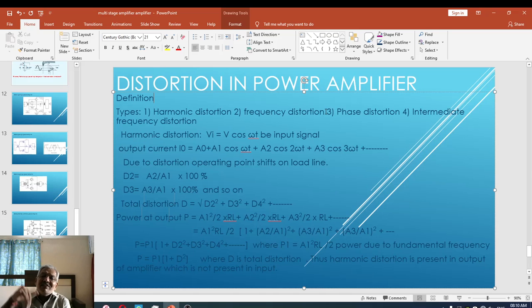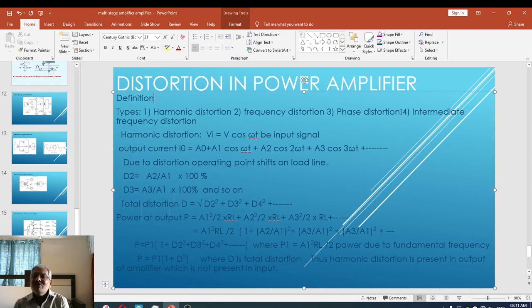That deviation in the original frequency signal appearing at the output results in distortion, and we call it the frequency distortion. Next one is the phase distortion. It is a type of distortion present in the output of the amplifier, where there is a phase change in the output signal. That type of distortion we call the phase distortion.